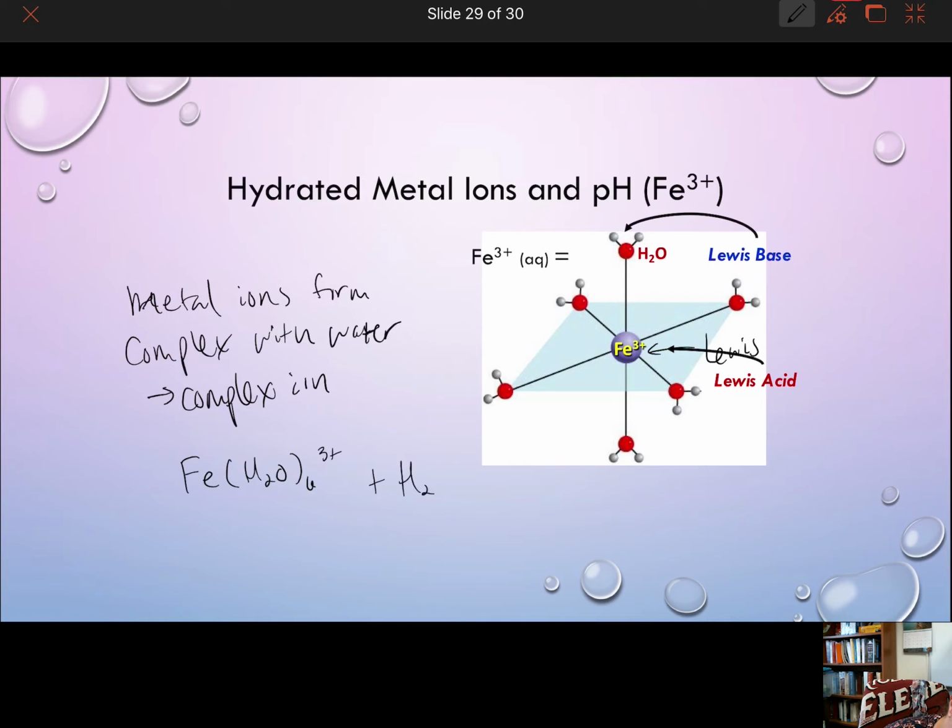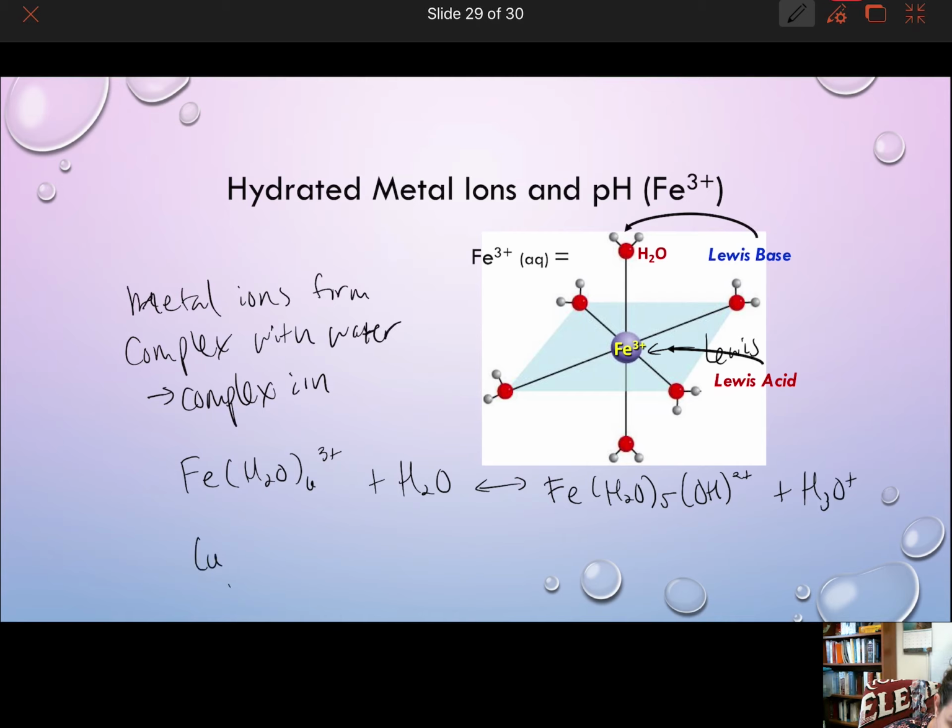When it reacts with water, it produces this species and hydronium. We can see this with copper as well.